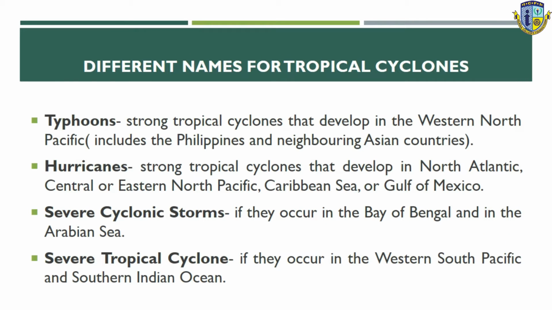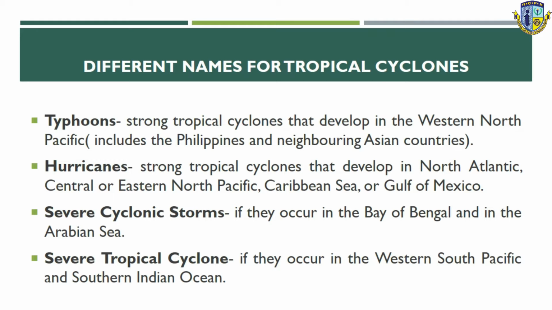Let's look at the different names for tropical cyclones. First one is typhoons. These are strong tropical cyclones that develop in the western North Pacific, which includes our country, the Philippines, and the neighboring Asian countries.